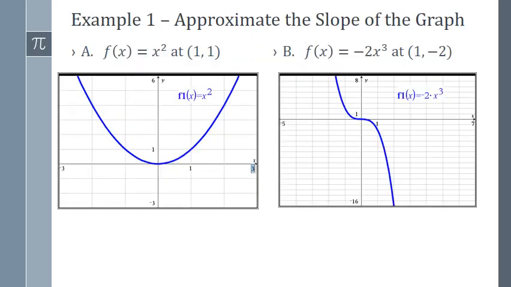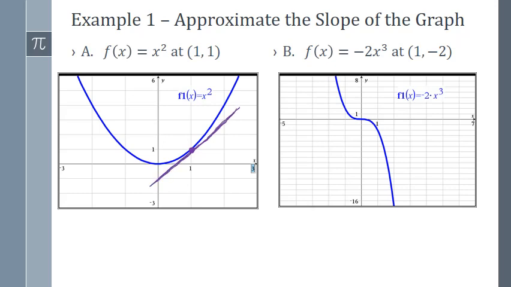Alright, so in this first example, for a, I have the function f of x equals x squared, and I want to approximate the slope at the point (1, 1). So I'm going to find my point (1, 1) and draw a tangent line to that point, and that might look something like this.